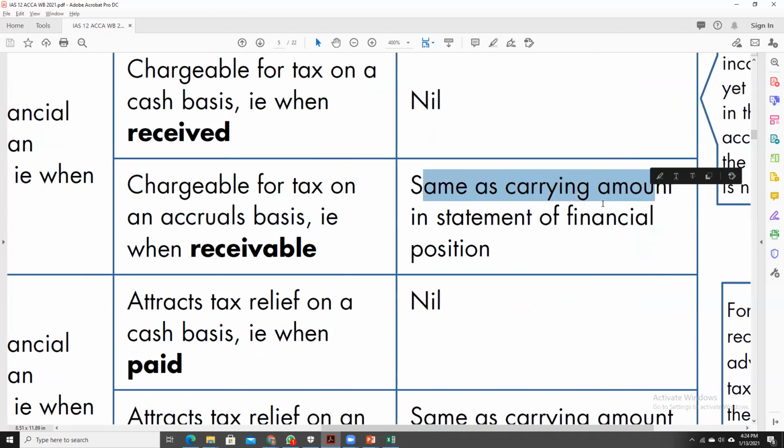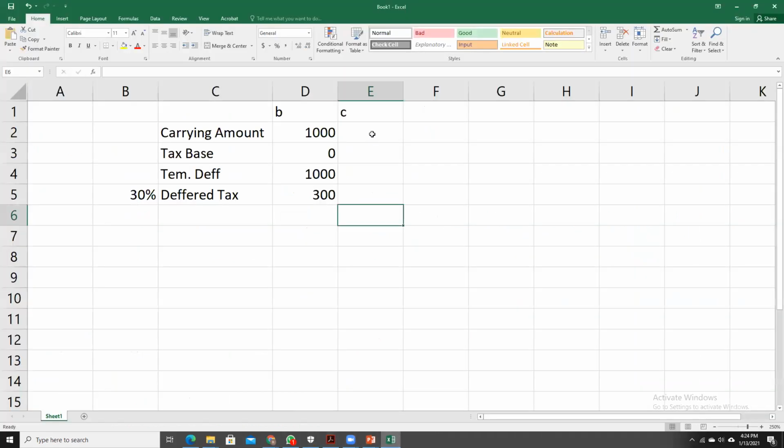So here, how much carrying amount? 10,000. Good.